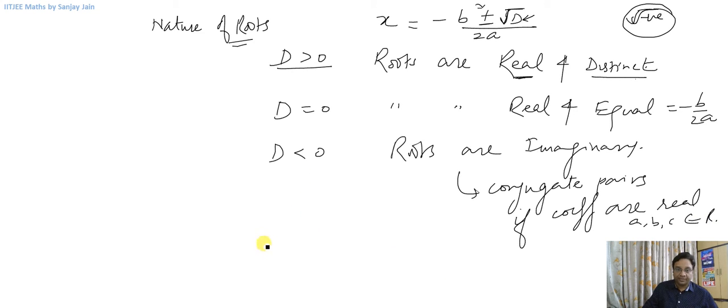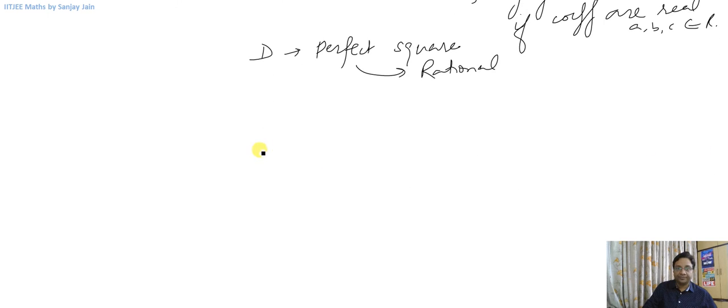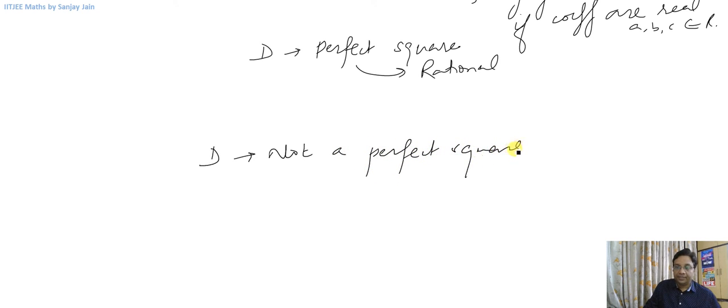Okay, another thing that we said was if D is a perfect square, then the roots will be rational roots, and if D is not a perfect square, then the roots will be irrational, right?